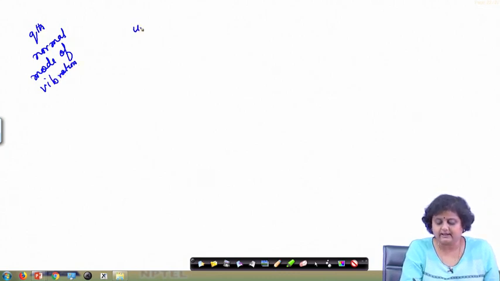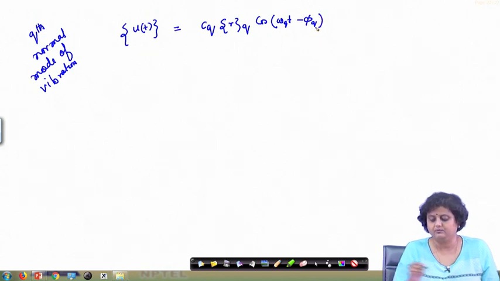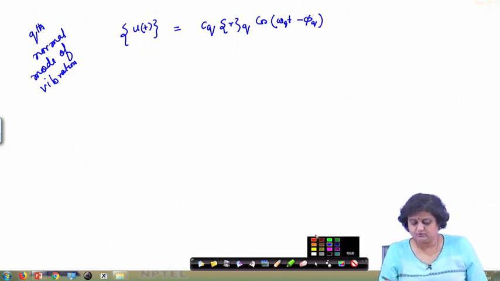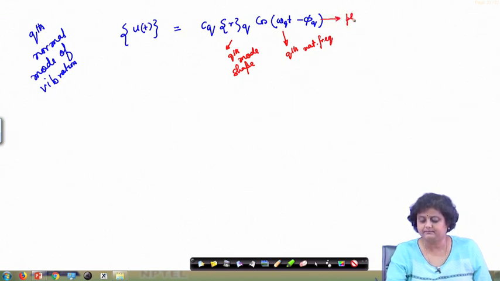Okay, and say that u(t) is nothing but Cq Rq cos(omega q t minus phi q), where needless to say Rq is the qth mode shape, omega q is the qth natural frequency, and this is the phase angle.